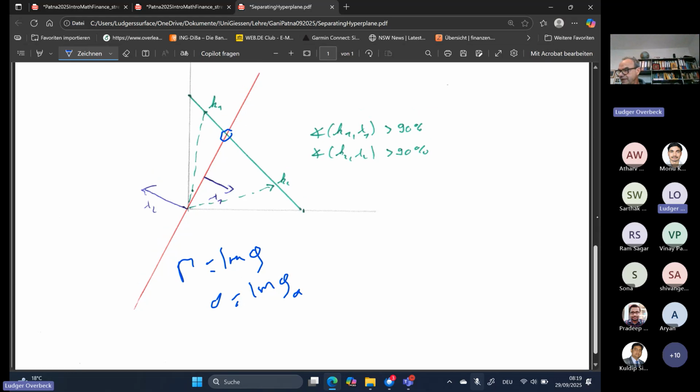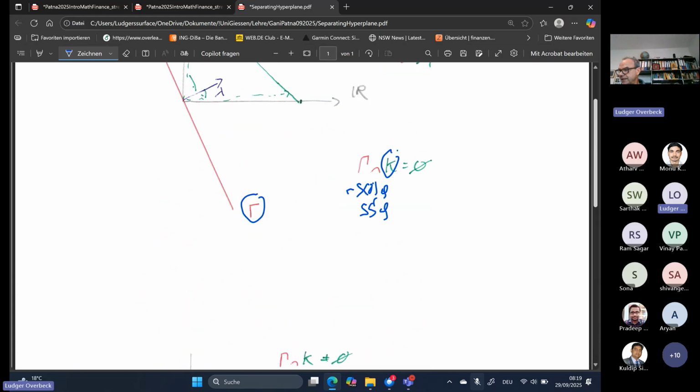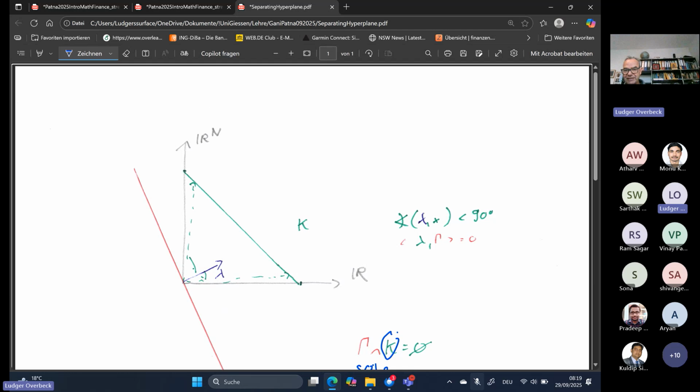But if you don't have an arbitrage, you find, in this case there's only one, that this orthogonal vector to this hyperplane has an angle smaller than 90 degrees.